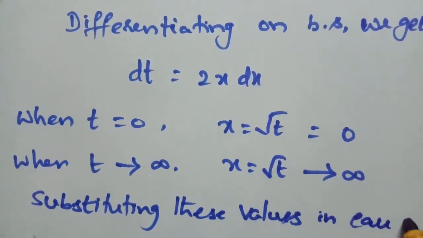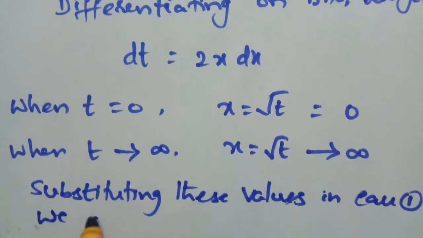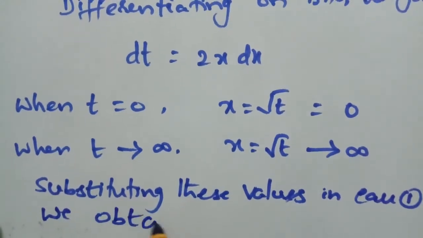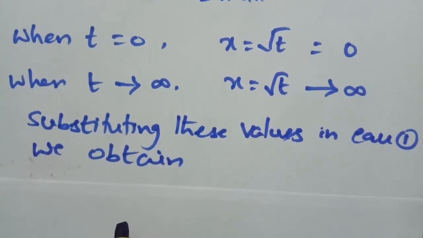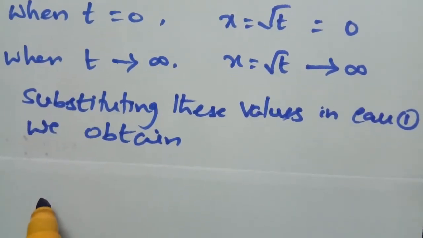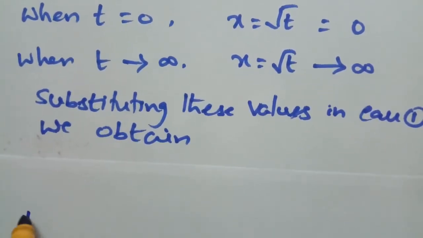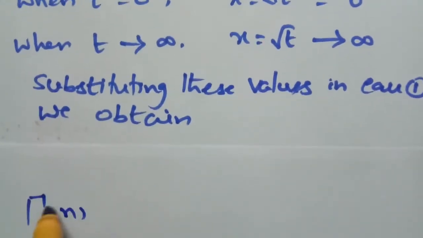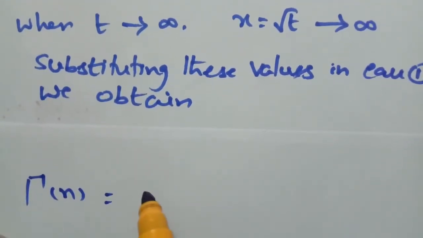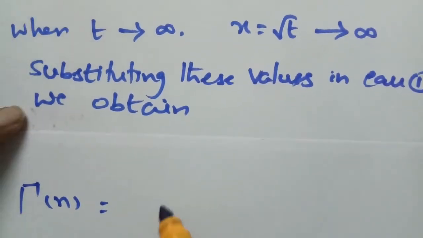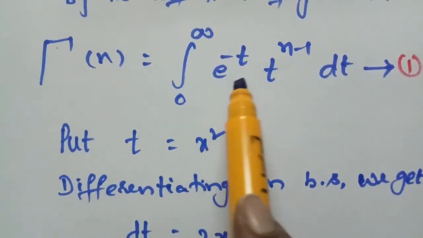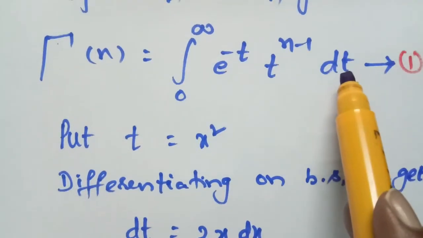In equation 1, we obtain gamma of n is equal to integral 0 to infinity e to the power of minus t, t to the power of n minus 1 dt.